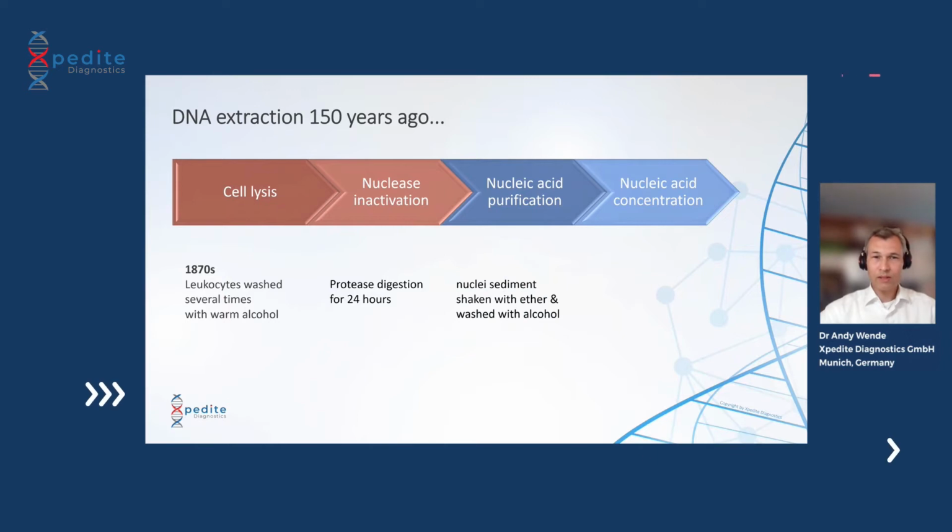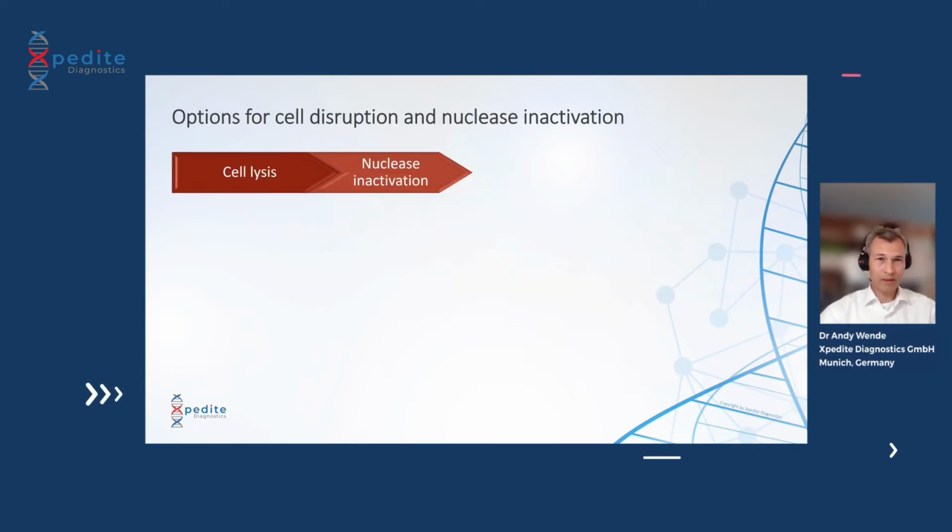Afterwards, he washed these liquids several times with ether and alcohol to extract proteins and lipids. The alcohol-precipitated DNA, he then dissolved again in a mild alkaline solution. Here you see we are through all 4 steps that I introduced to you. That was the protocol he used back then.